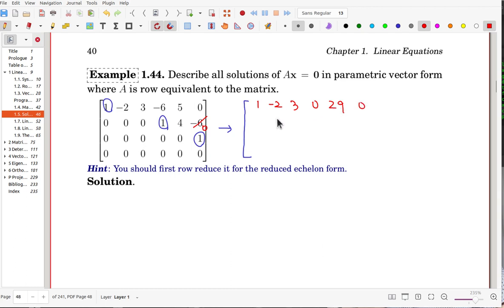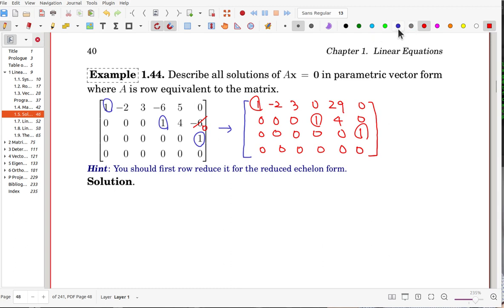Now, the second row is 0, 0, 0, and 1 and 4, 0, and the third row is 0, 0, 0, 0, and 0, 1, and the last row is a 0 row. So this is leading 1, leading 1, leading 1, except the leading 1s, the columns are empty, so it is the reduced echelon form.